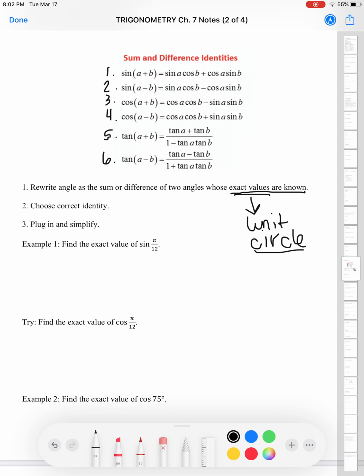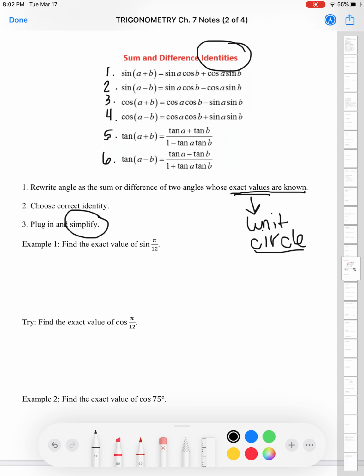Second step, choose the correct identity, just choose the correct one of these up here. Third, plug in and simplify. Simplify meaning go to your unit circle, or if you're one of those good students who has it memorized, just pull it out of your brain.